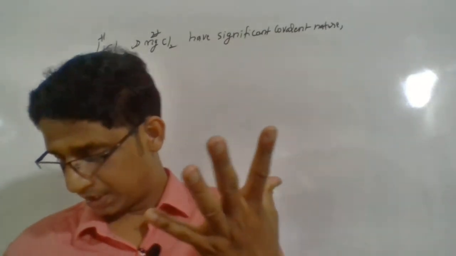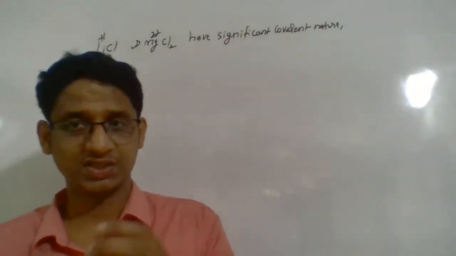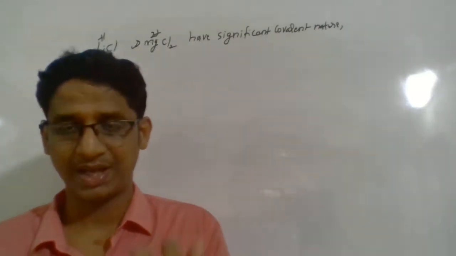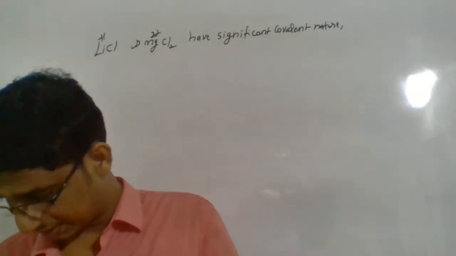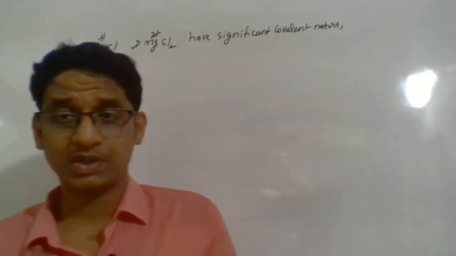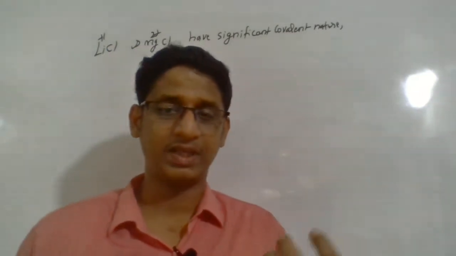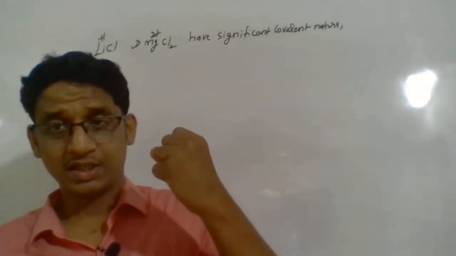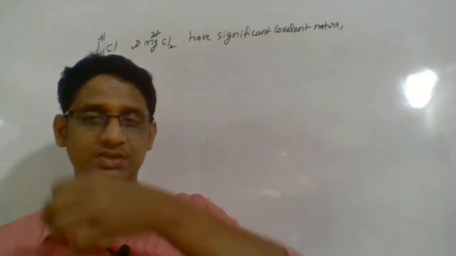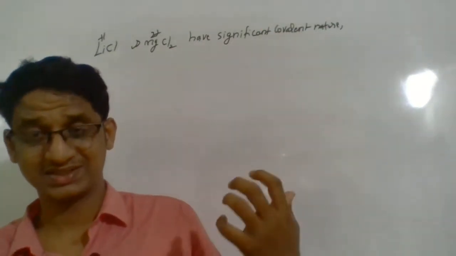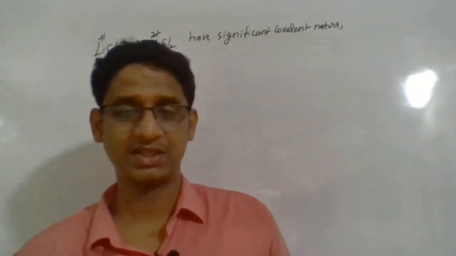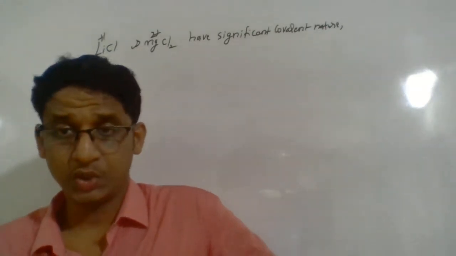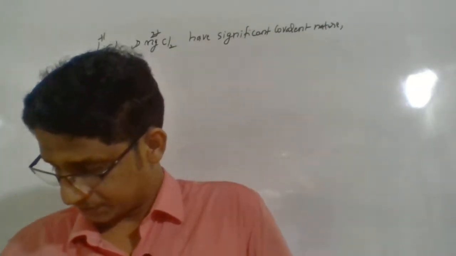Similarly, they combine with nitrogen to form nitrides. Both lithium oxide and magnesium oxide do not combine with excess oxygen to form superoxides. Superoxides are generally formed by potassium, rubidium, cesium, while lithium does not, like magnesium.